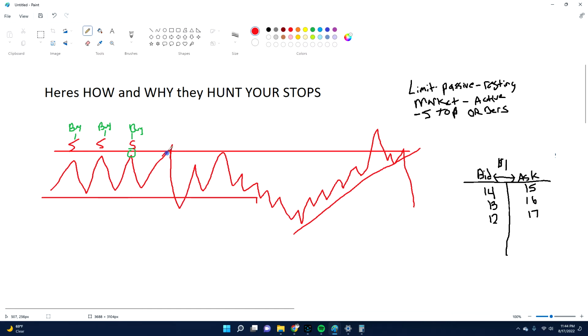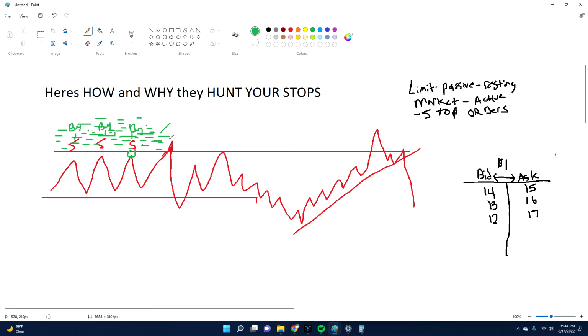This is done on purpose, because if you don't have a lot of money, how much can price move against you at this upper level? There are retail stops all above here. They're not just hunting your stops, they're hunting other big money stops too, but the point is they're looking for the liquidity to fill their orders.